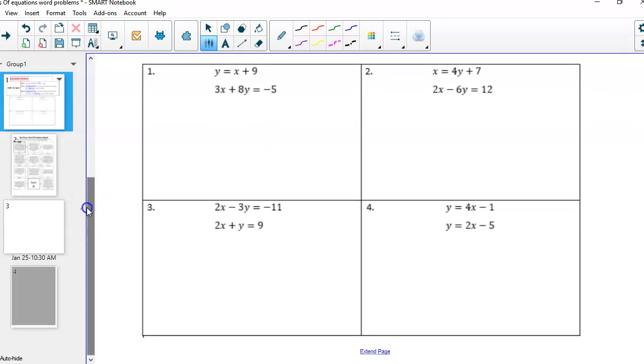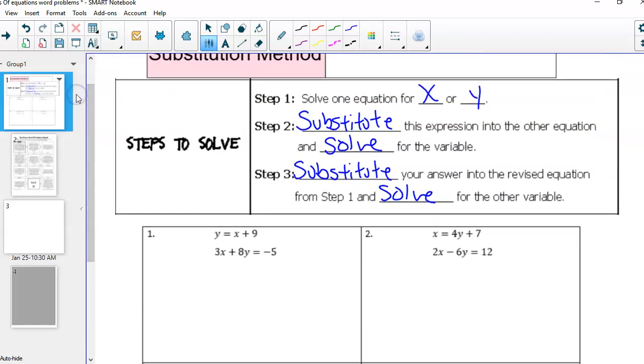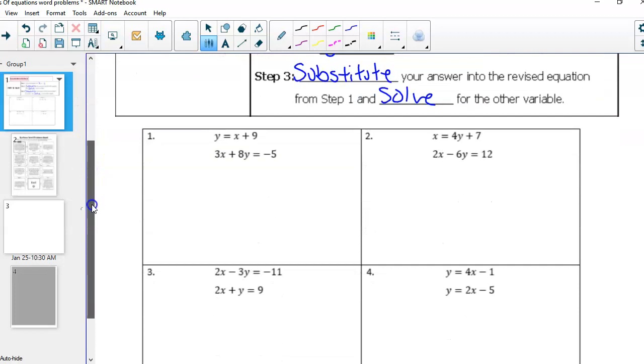Alright, so for these types of problems, and this is like intro to what we're actually going to do, this is one way to solve our systems of equations. So remember again, that's just multiple. If you're given something like 1 or 2, where you have some variable that's already solved, like this one's solved for y, this one's solved for x, you can use that, and then you don't really have to solve for one of the equations, it's already done for you.